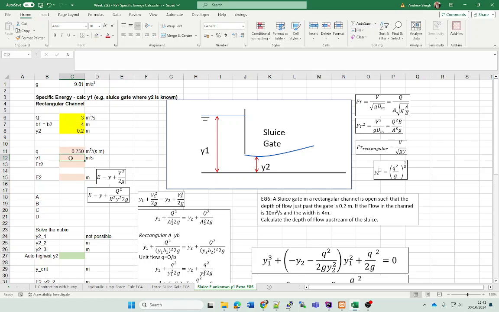The velocity upstream, well, we don't know that, do we? What we do know is the velocity downstream, or we could just put in velocity upstream is an unknown. Let's just do that for now.